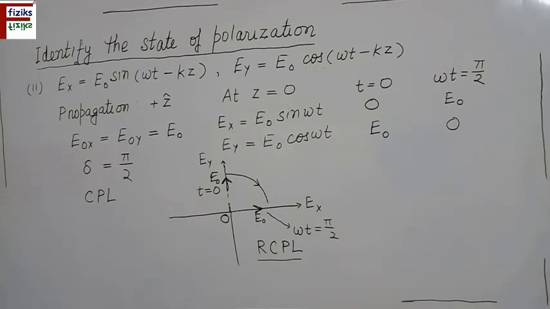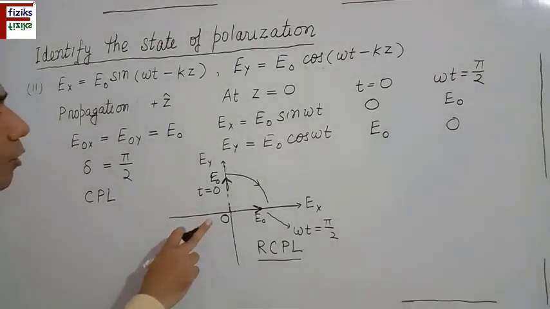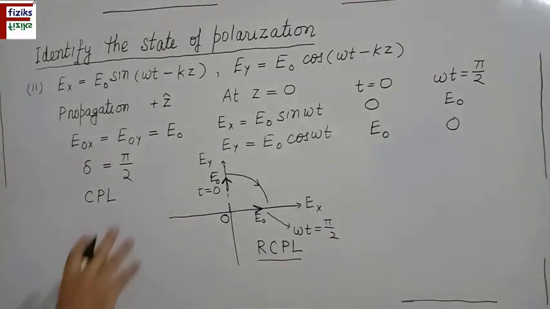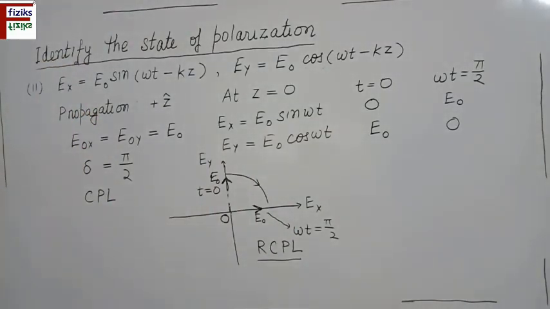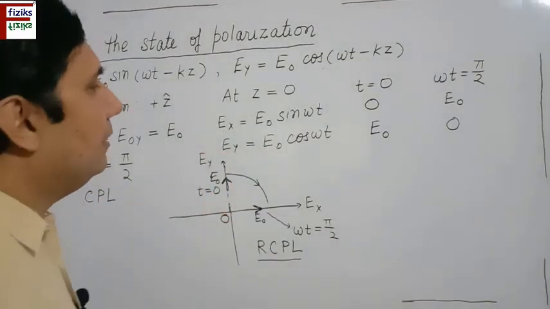But here you have to remember one thing, that this is the observer's point of view. Whatever we are observing on the Ex-Ey plane, whenever we are plotting the Ex and Ey components on the Ex-Ey plot, that is the observation of the observer who is standing at a large distance on the X axis.